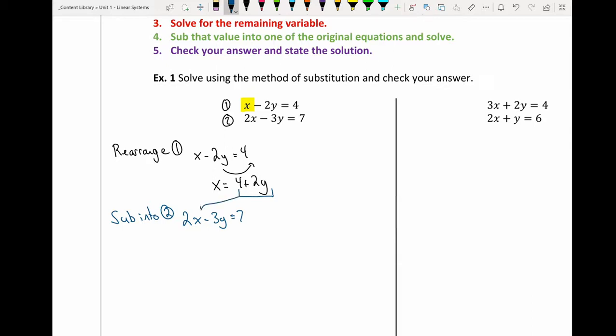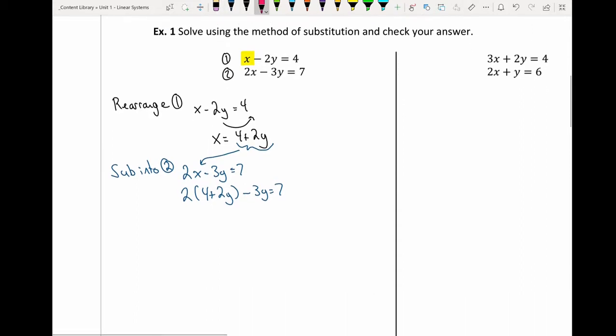So this 4 plus 2y is going to be subbed in for x. I'm going to get 2 times (4 plus 2y) minus 3y equals 7. So now I've substituted it in.